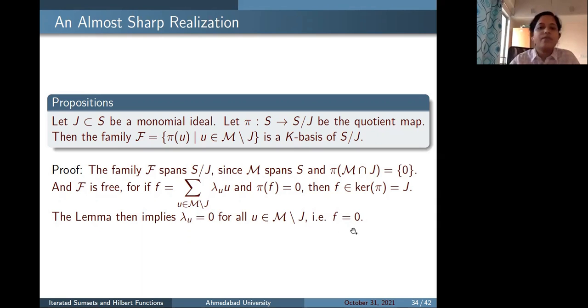Therefore, the element is equal to 0. Okay, so it forms a basis.